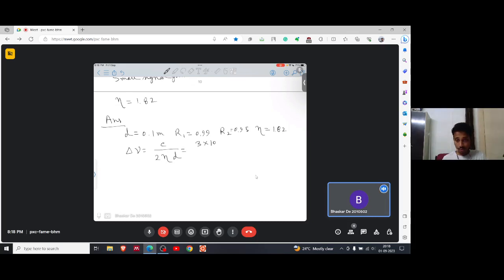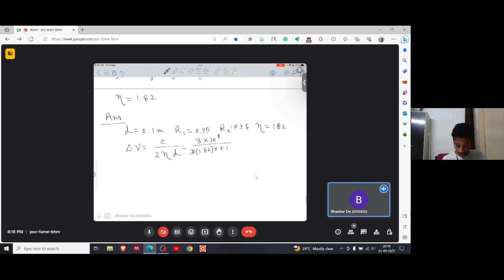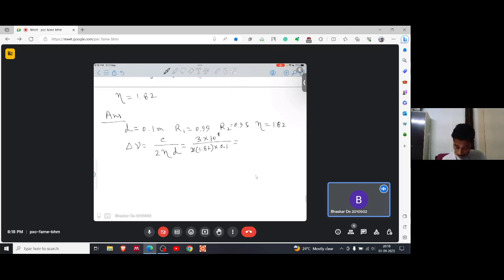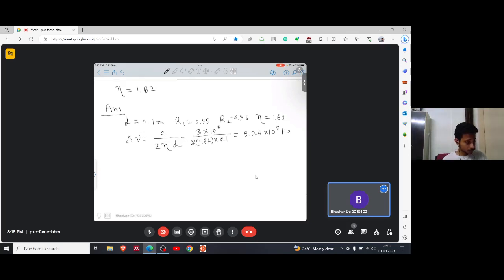So C by 2 eta D is 3 into 10 to the power 8 by 2 into the refractive index, that is 1.82. Then D is 0.1. So this will be 8.24 into 10 to the power 8 hertz.